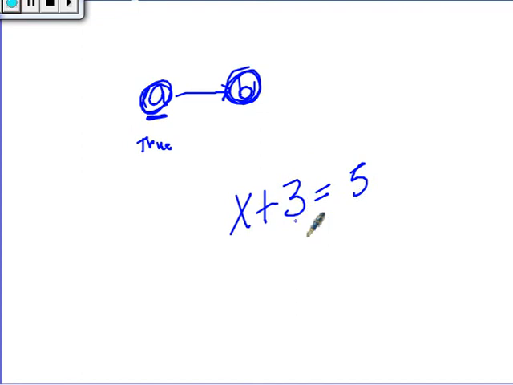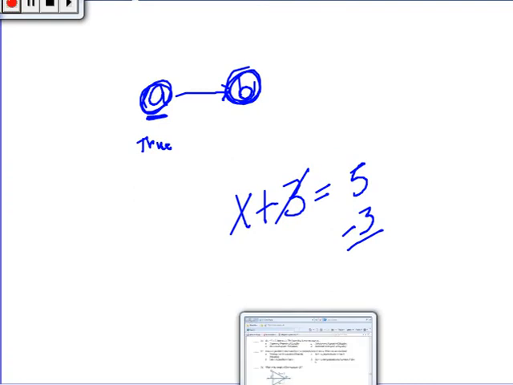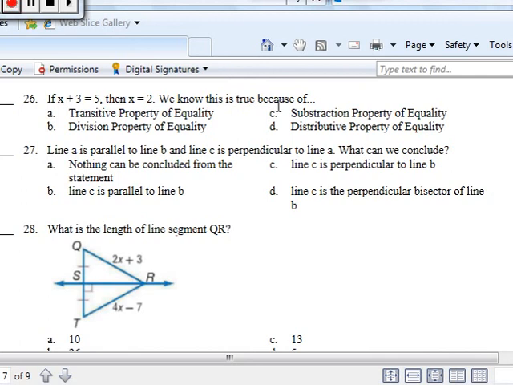To get rid of plus 3, I'm going to move it and do the opposite, the opposite of plus, which is the minus. Okay. You're subtracting 3. That would be the subtraction property of equality. So by the subtraction property of equality, we know that X must be 2.